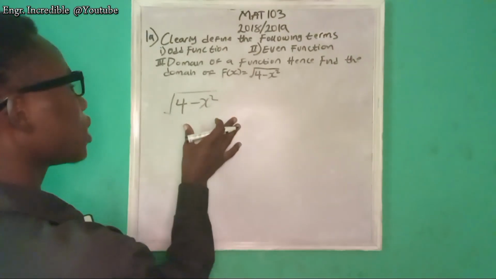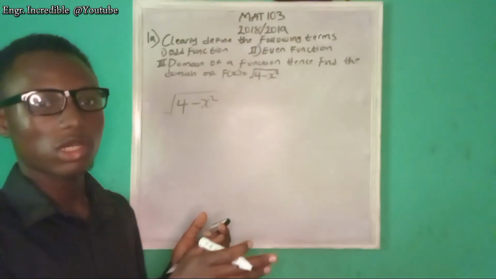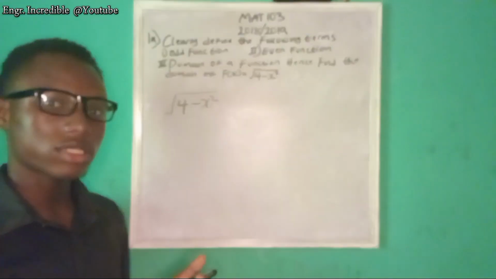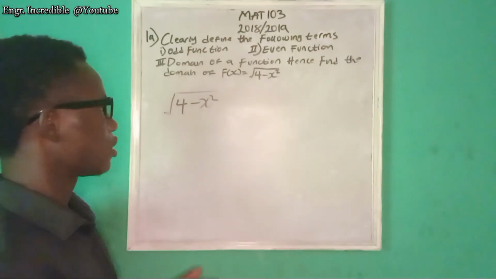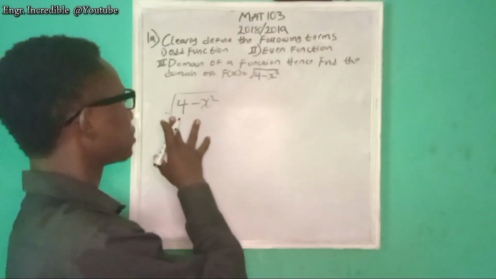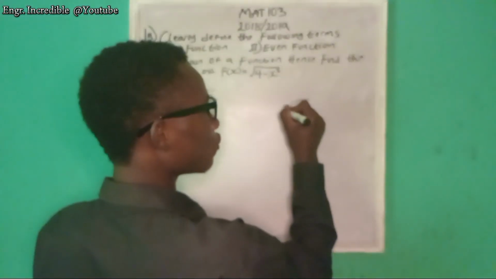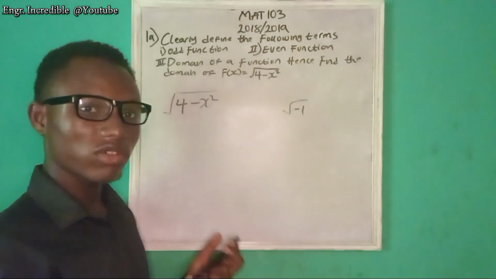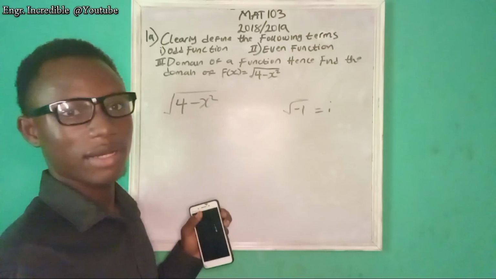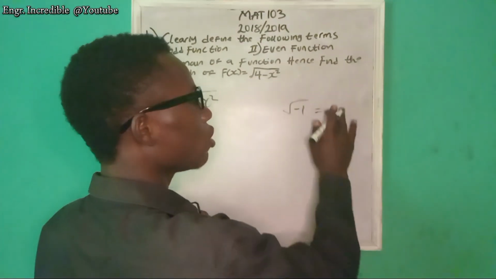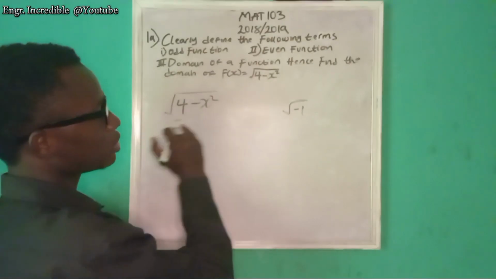What can be inside this square root that is going to make it give us undefined or imaginary numbers is if the thing inside the square root is negative. Let's say we have square root of minus 1. The square root of minus 1 is undefined, or it can be written as i, which is an imaginary unit. We do not want imaginary units. We are looking for the total set of real numbers that we can find inside here.